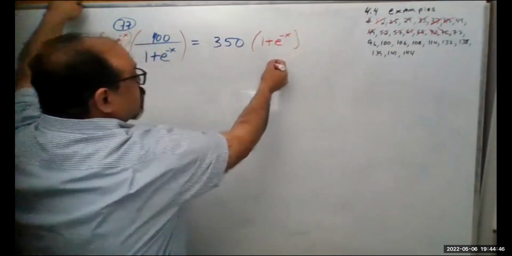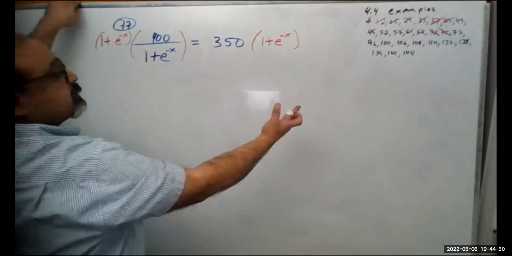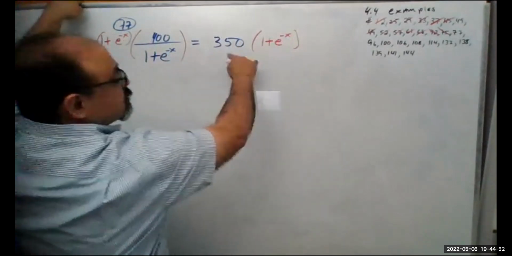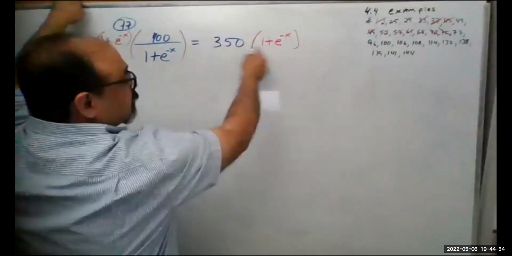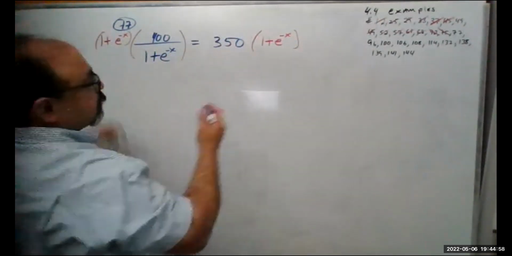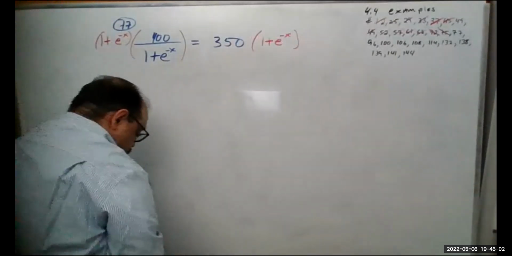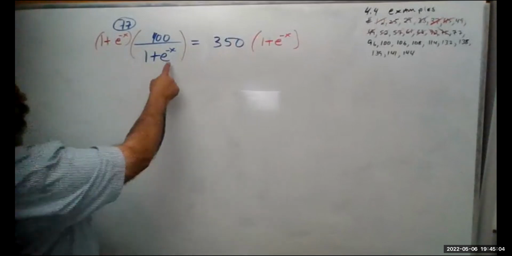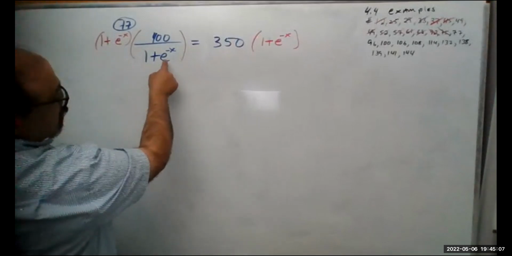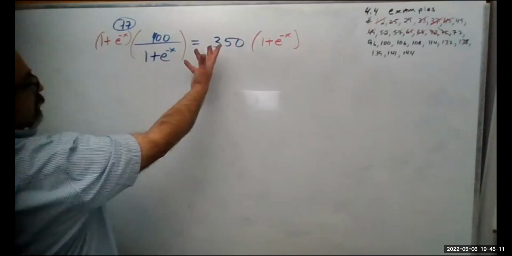But you know, we're going to probably take a logarithm of both sides. You don't want to distribute the 350. Let's go ahead and divide both sides by the 350. There's only one exponential piece in this entire setup.